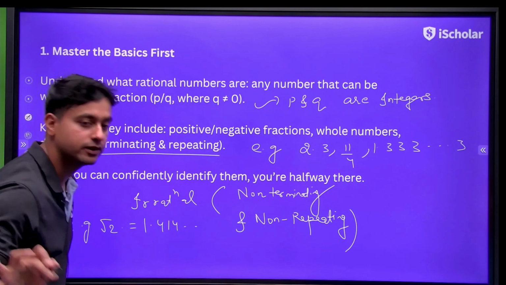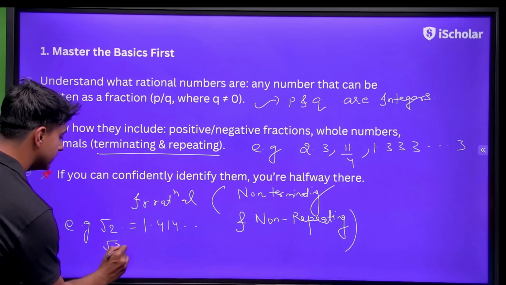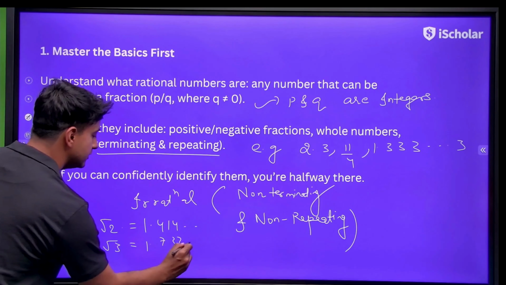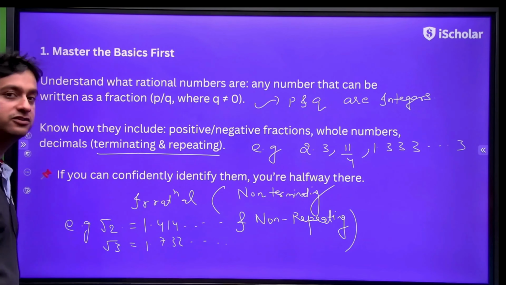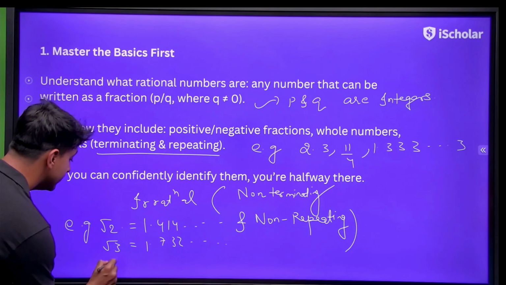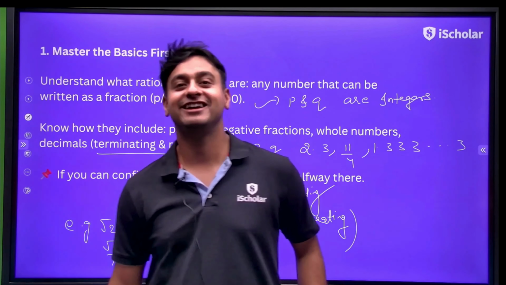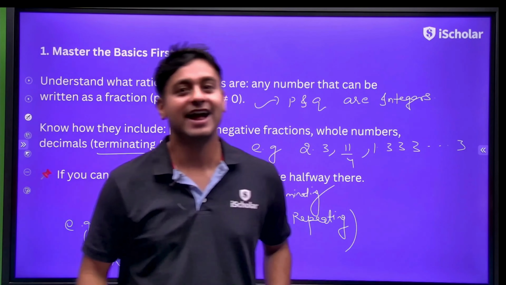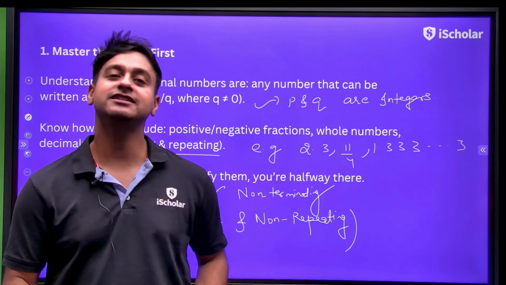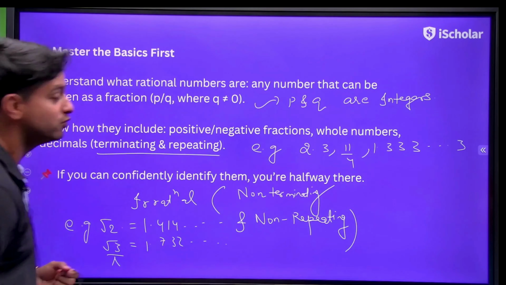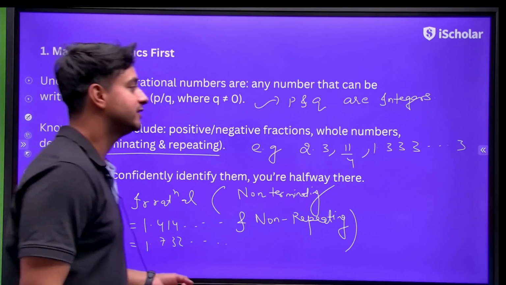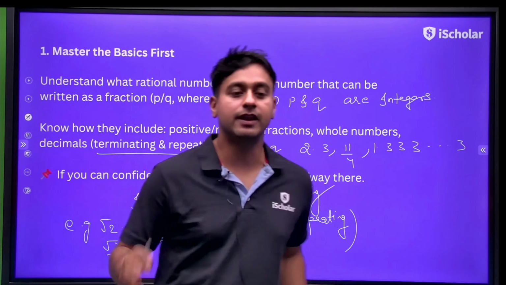There's no pattern in it, right? Root 3 is 1.732 and so on. It's going on, and there's no pattern here. Similarly, pi is also an irrational number. Okay, yes, 22 by 7 and 3.14 are its approximate values. So that is an irrational number.